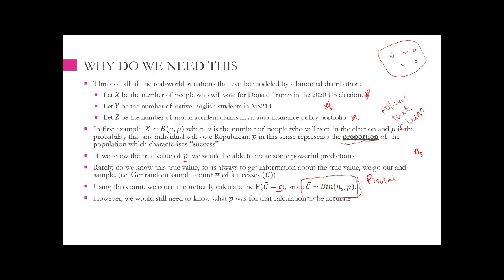And so essentially, modeling the number of successes as a binomial doesn't really work, because our distribution doesn't allow us to make useful calculations, because we need to know what P is, but we're using this binomial model to get information about P. So if we're trying to use a model that needs P in the model, then we can't really use the model to get information about P, essentially. So that's what this means, right?